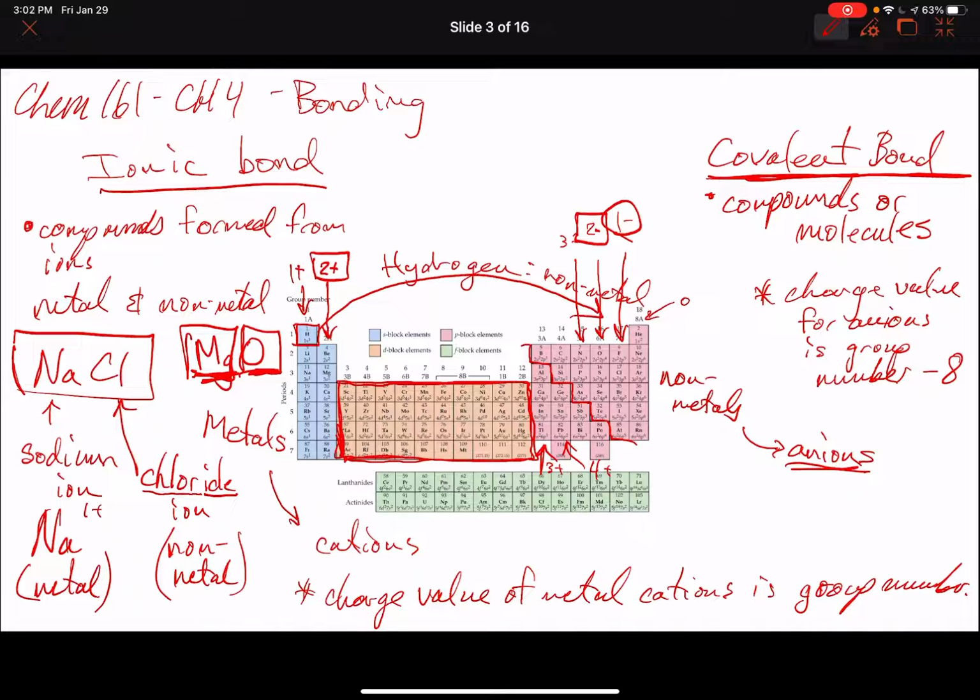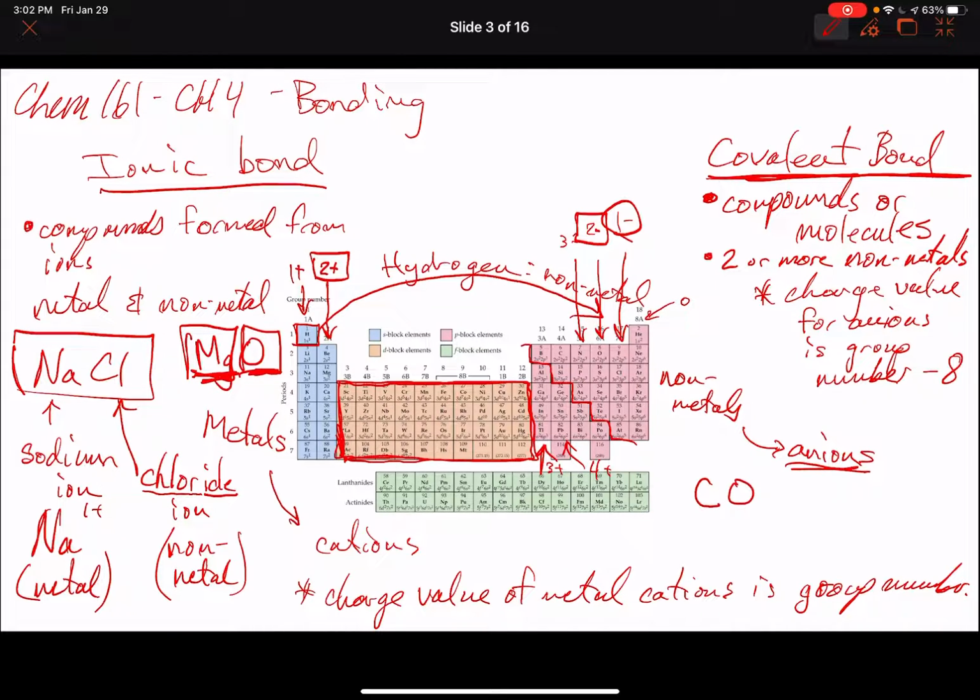This arises when we have two or more non-metals in the compound. There will be no metals in the compound. So non-metals are how we recognize covalent compounds or molecules.